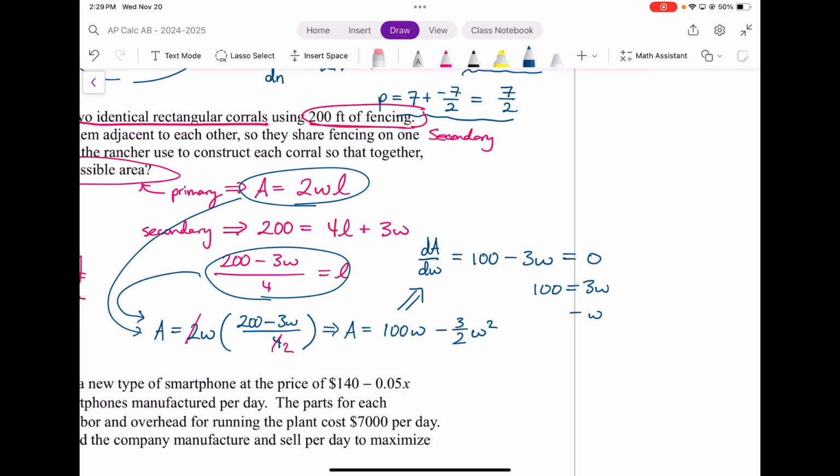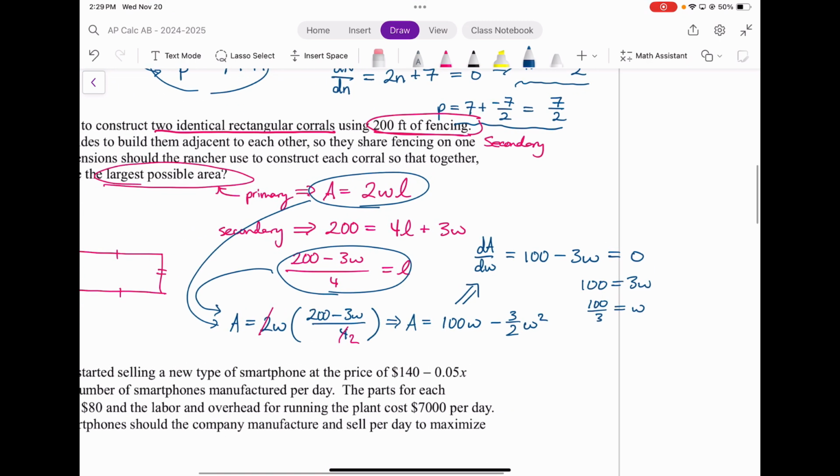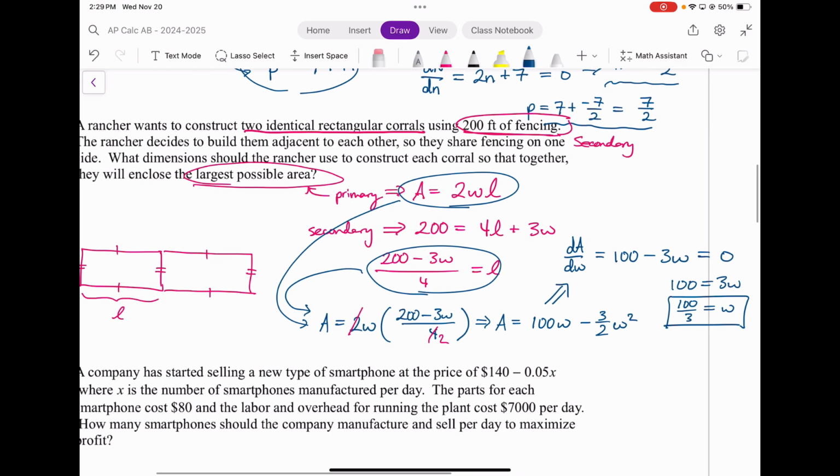That means W equals 100 over 3, or about 33.3 repeating. Cool. And so this is one of the dimensions, right? They're looking for what dimensions the rancher should use, so that's one of them.